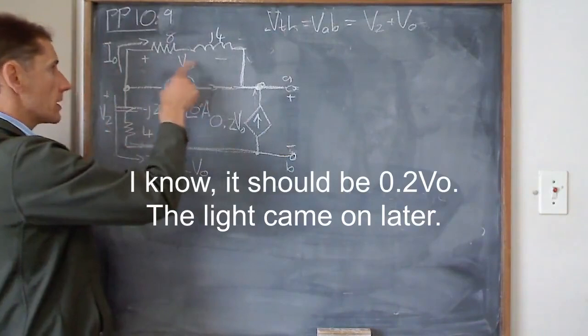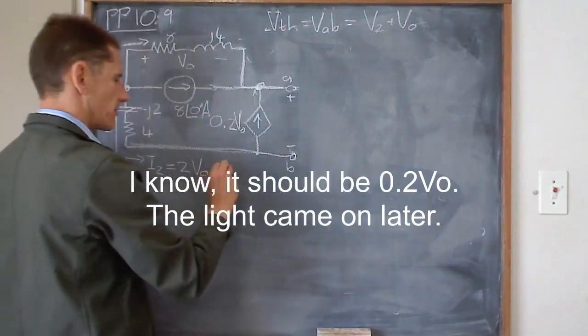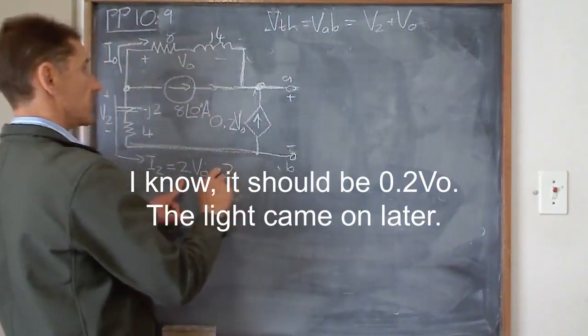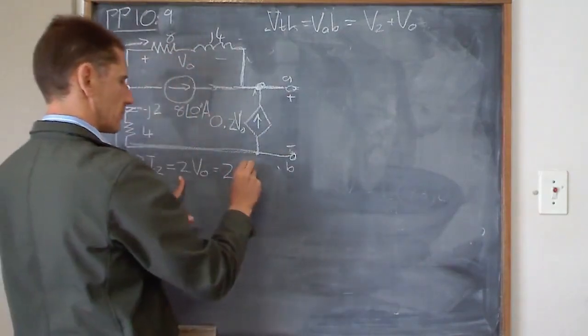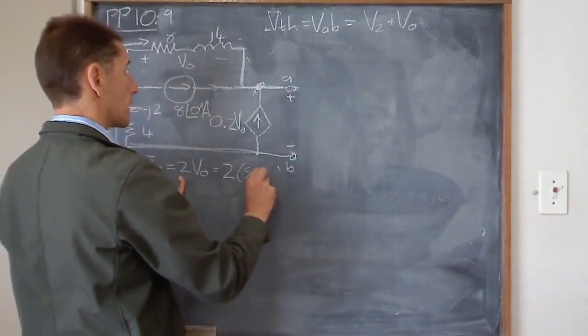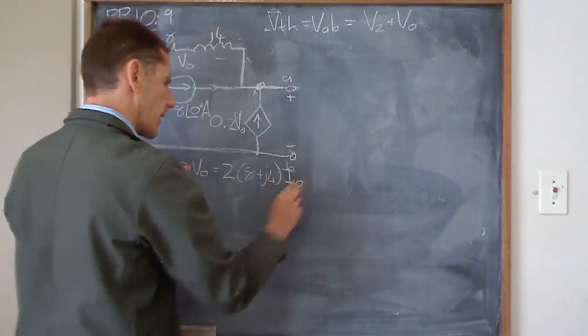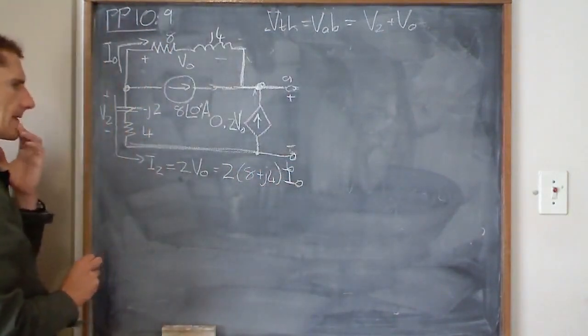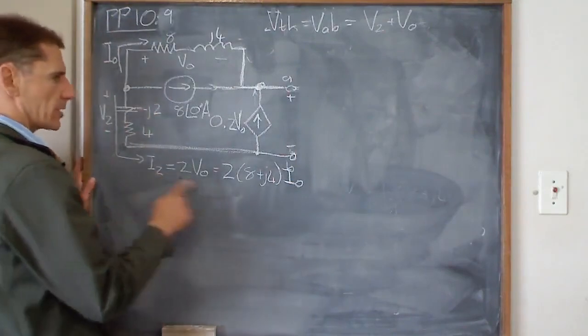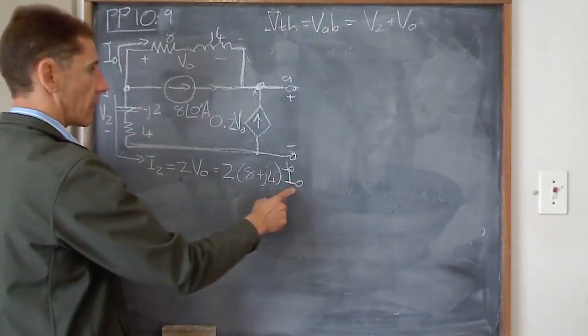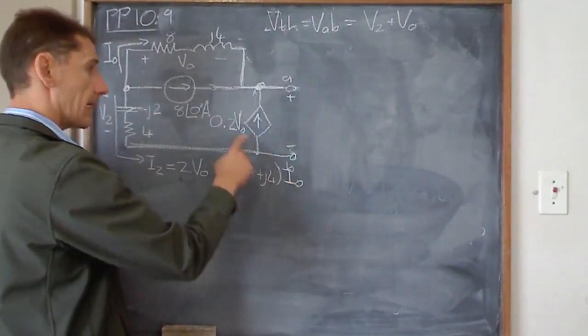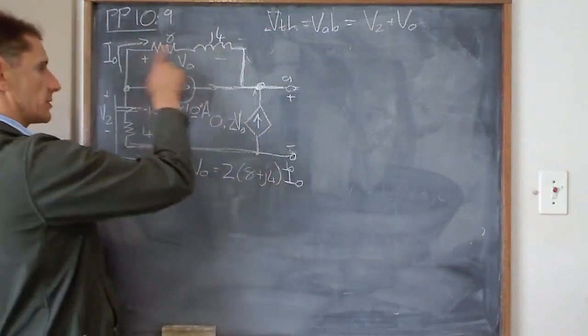But VO equals I out times 8 plus J4. So this is 2 times V out is I out, the 8 plus J4 times I out. So I can write I2 as a function of I out. And this 2VO I can also write in terms of I out.